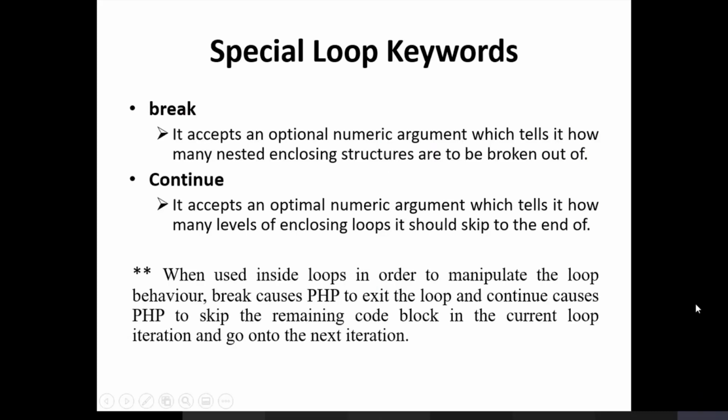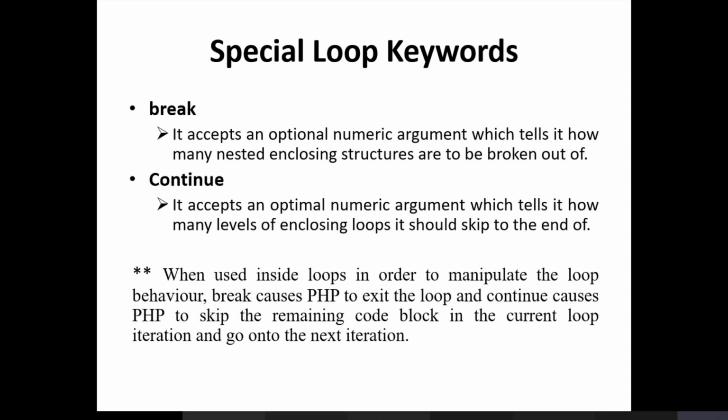The next is special loop keywords. Special loop keywords are break and continue. Break accepts an optional numeric argument which tells it how many nested enclosing structures are to be broken out of. And continue accepts an optional numeric argument which tells it how many levels of enclosing loops it should skip to the end of.